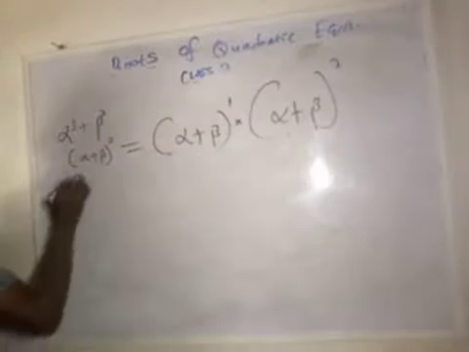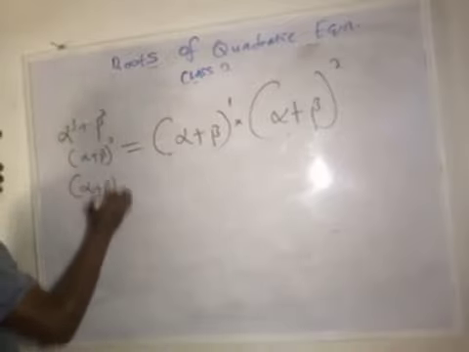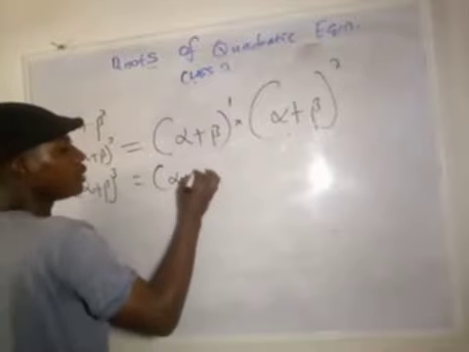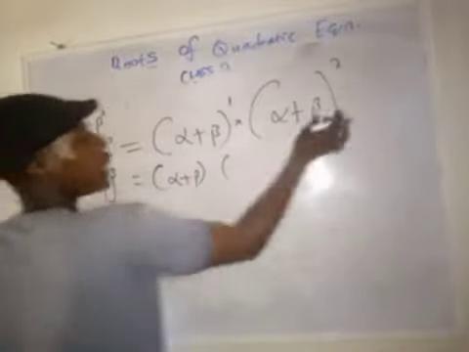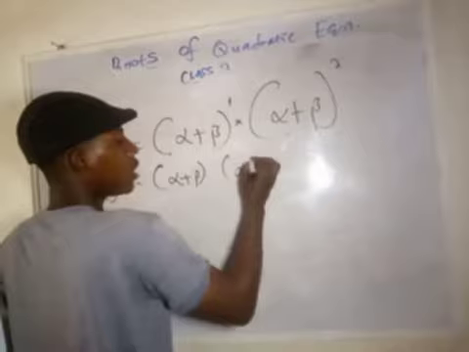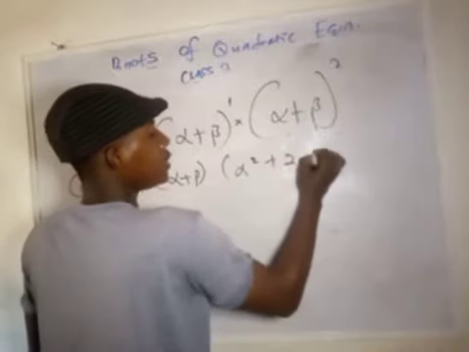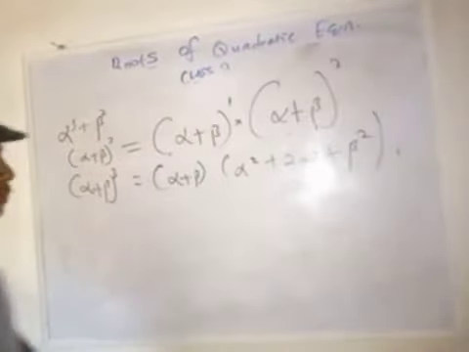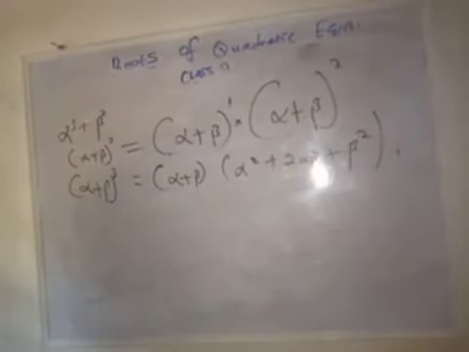Now, it simply means that alpha plus beta raised to the power 3 will now be equivalent to alpha plus beta into the bracket. If I expand this, it becomes alpha squared plus 2 alpha beta plus beta squared. Yes or no? Alpha squared plus 2 alpha beta plus beta squared.